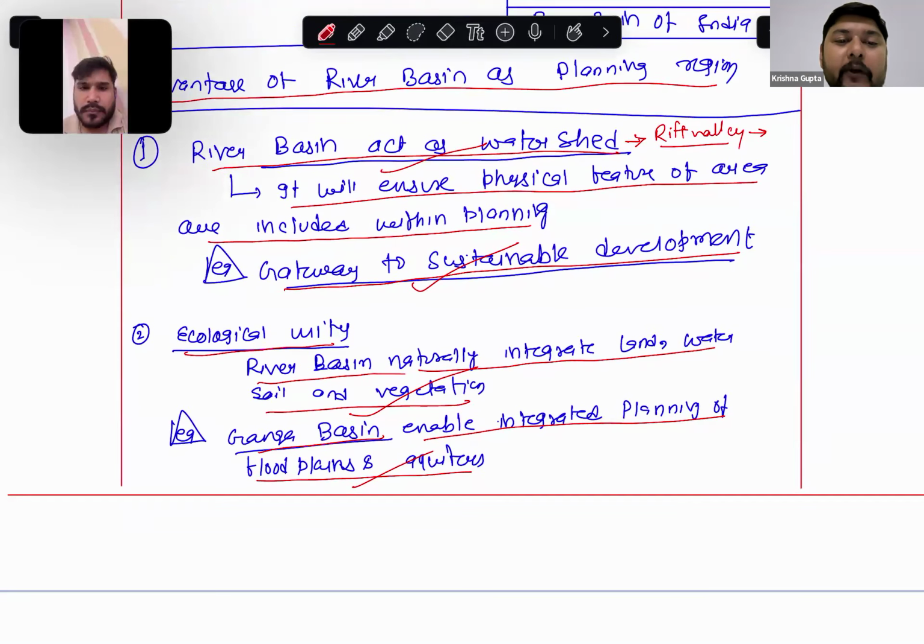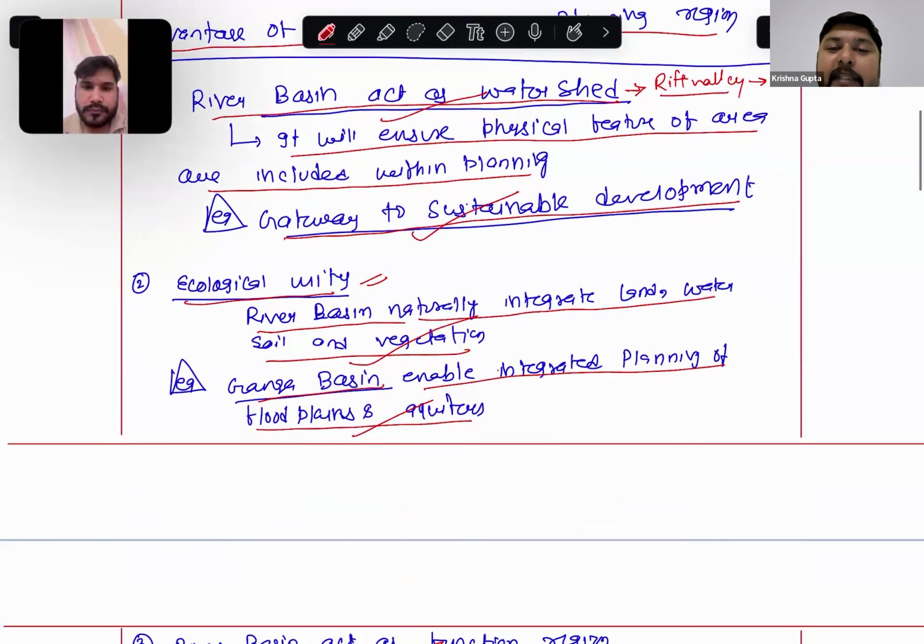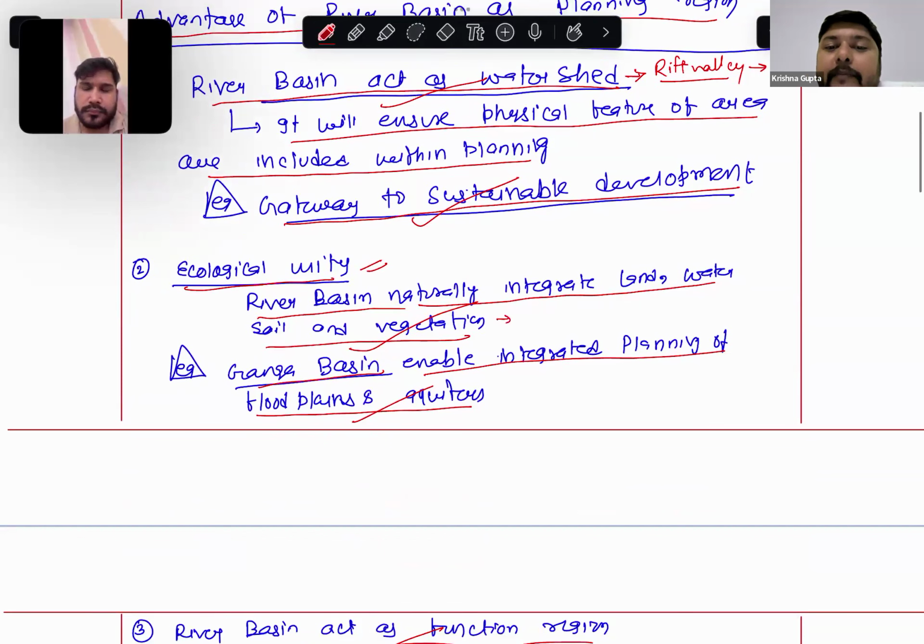Then ecological unity. The river basin naturally integrates land, water, soil, and vegetation. Here it can act as a kind of system consisting of land, water, soil, and vegetation, which is seen from the hydrological perspective, as provided by Buttle and Fee.